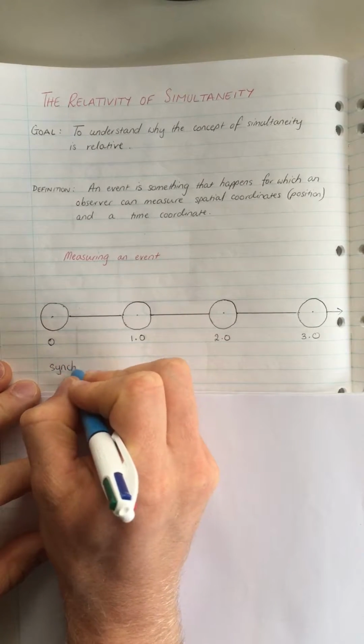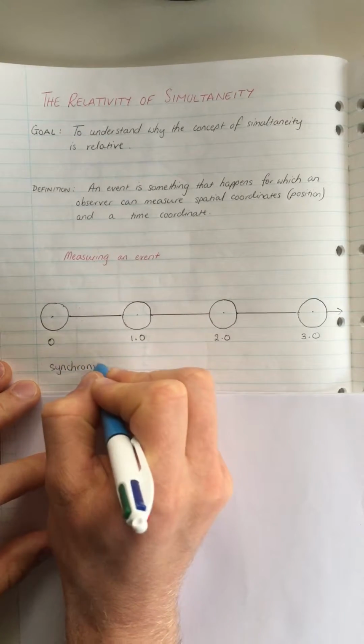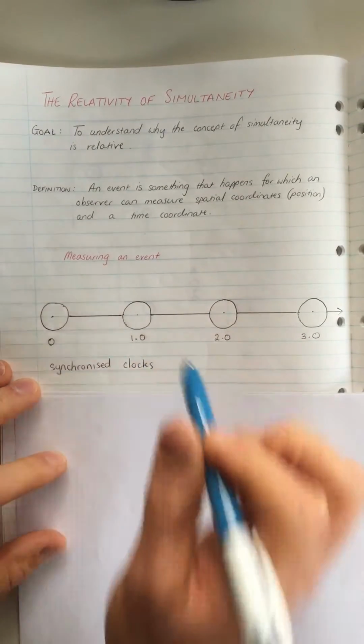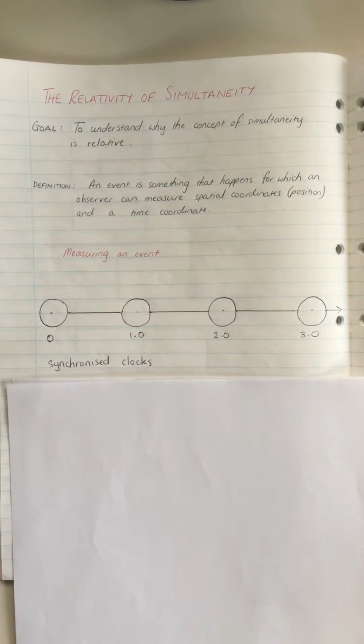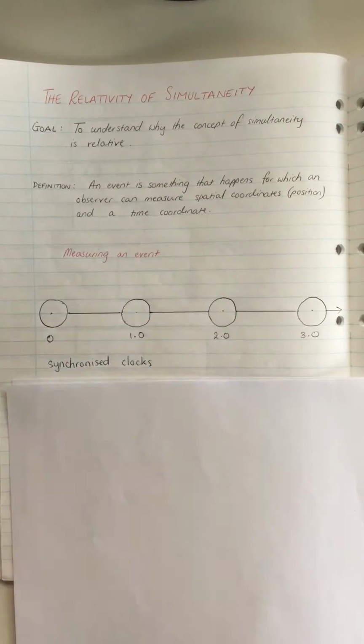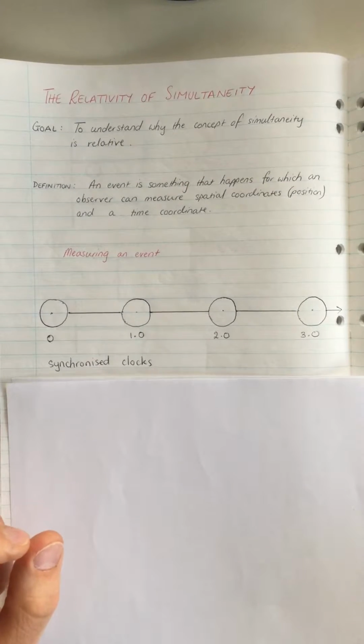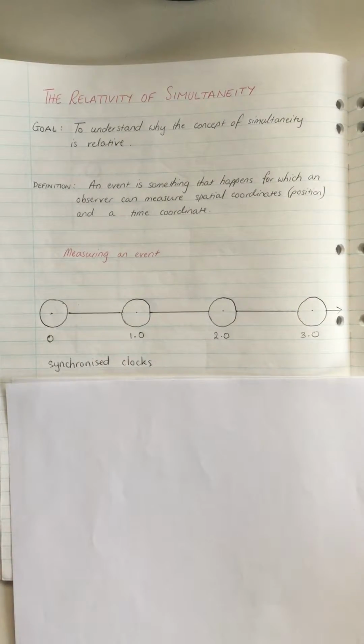We need synchronized clocks. That means the clocks are all reading exactly the same time, precisely the same time. What you'll come to understand later is that synchronicity, the ability to have the clocks all reading the same time, will depend on your frame of reference, but we'll get to that later.